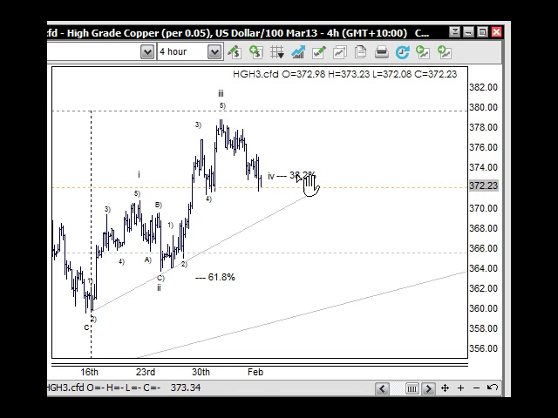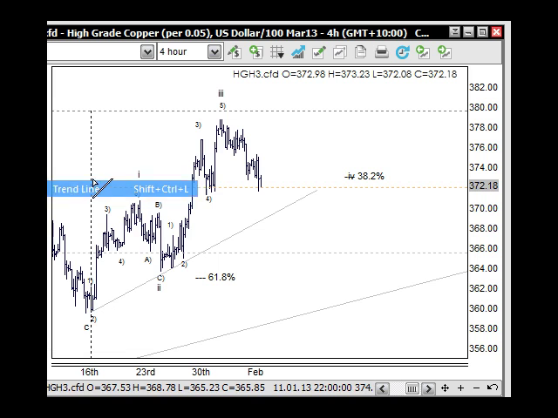So we'll just monitor the bounce as we see it through here, because the reason I'm pulling this out is that after 5 waves down, if that's the case, we'll get 3 waves back up. It may not go as high, it may go to this supply level or the center of this one through here, and then we could see a larger pattern unfolding through here as a wave 4, because that's what wave 4s do.